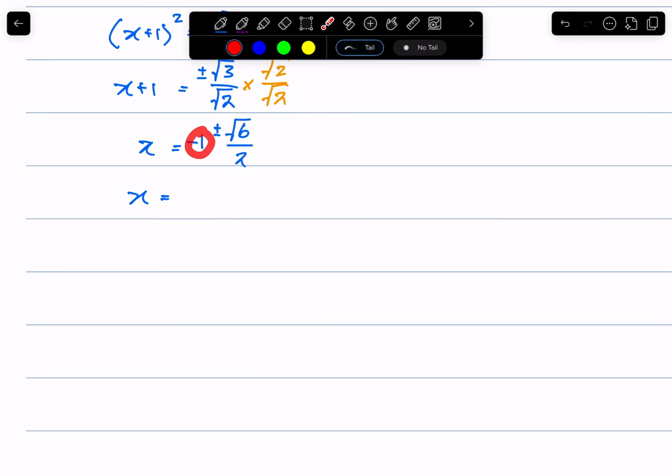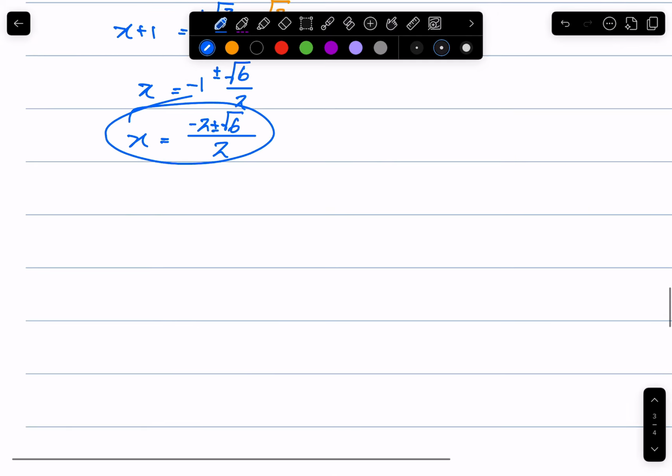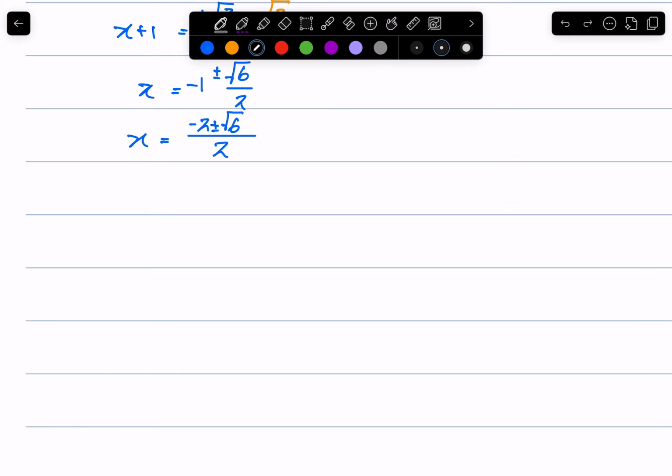So one big fraction like so. Negative 1 as a denominator is 1. So 1 to become 2 is times 2. That becomes negative 2 plus minus root 6 over 2. And so these are our two x-intercepts.